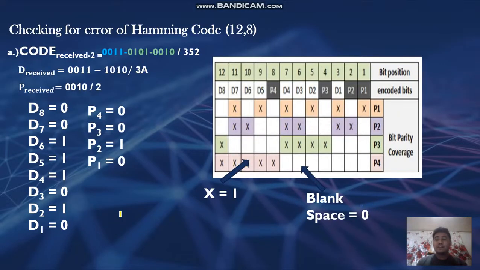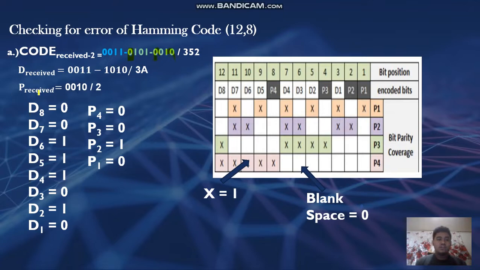Next is our example number 2. We have our code received 0011 01010. This is the hexadecimal value. It is the same way we get our P received: we get this one, this one, and these two.